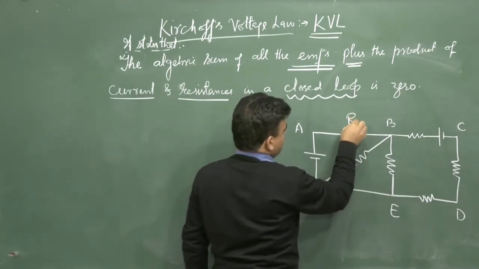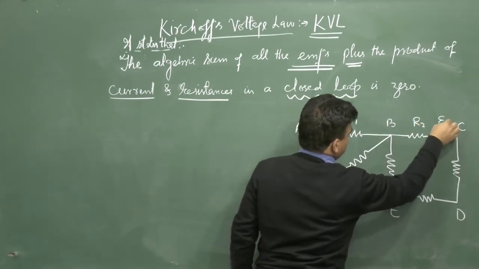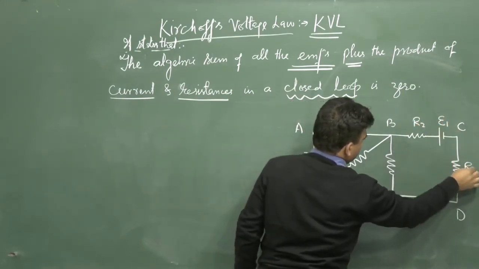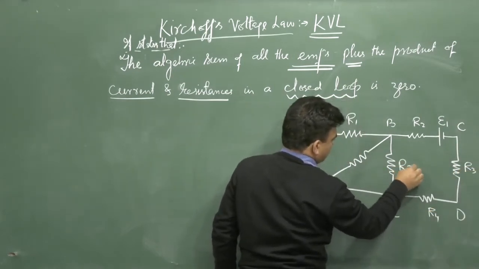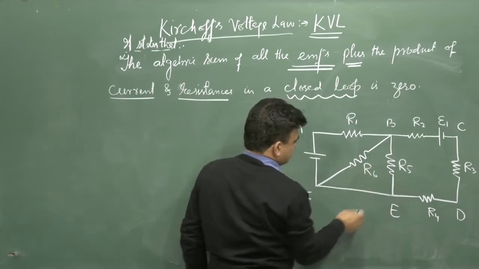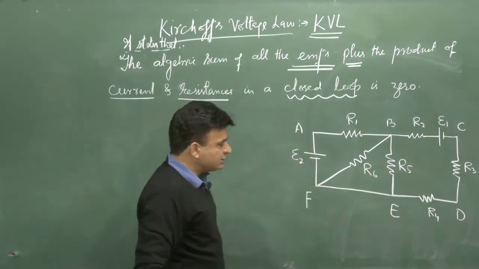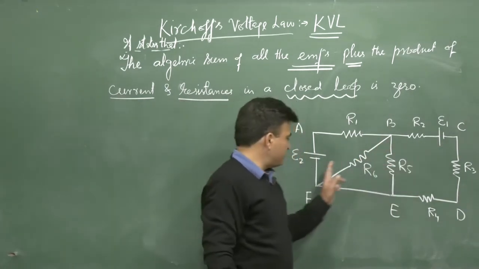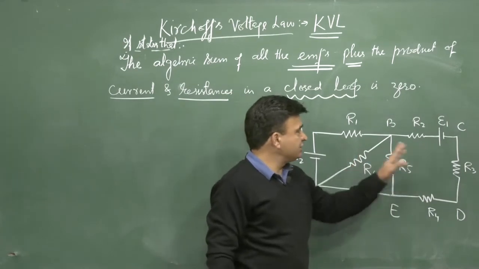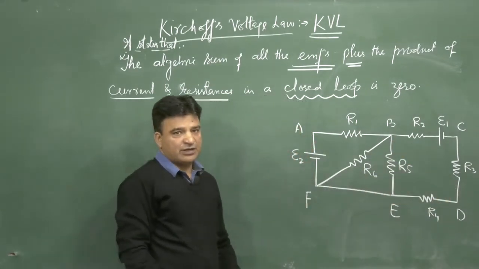Call this resistor R1, R2. Say this is a cell of EMF E1. This is R3, R4, R5, R6, cell of EMF E2. Now this is a complete electric circuit where there are two cells of EMFs E1 and E2 and the resistors R1, R2, R3, R4, R5, R6.